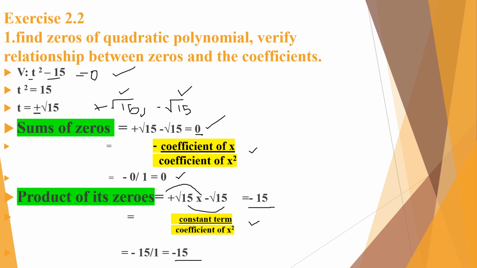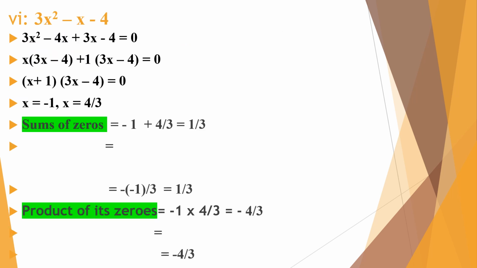Now we move on to the next sum, which is 3x square minus x minus 4. First we equate this to 0, and then we factorize.